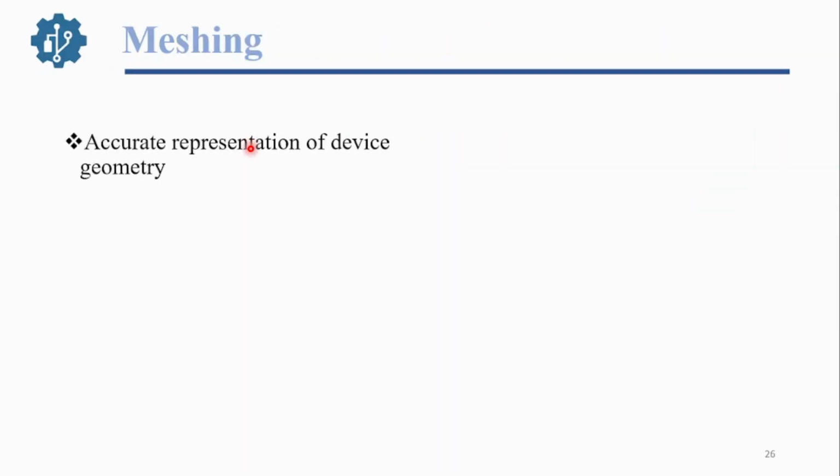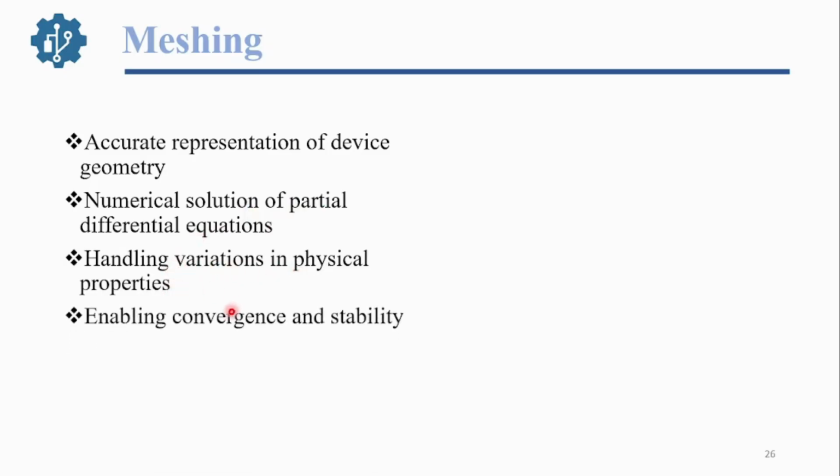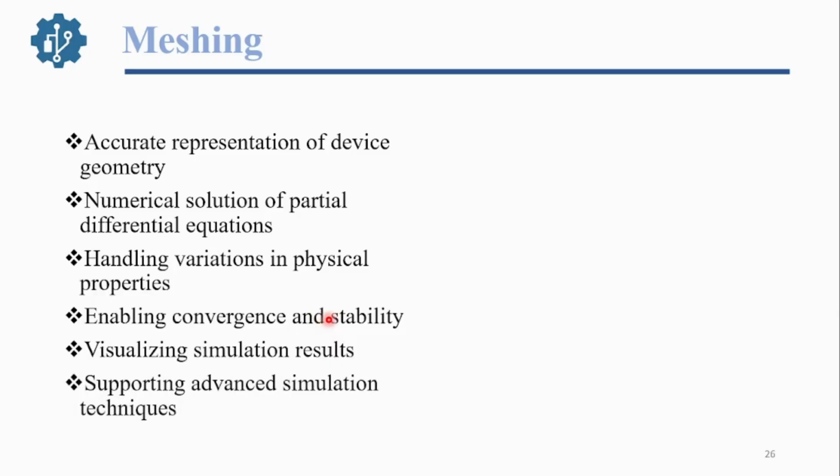Now, what is the importance of meshing and why do we need meshing in the TCAD tool? This gives an accurate representation of the device geometry, numerical solution of the partial differential equations, handling the various physical properties, enabling convergence and stability, visualization of the simulation results, and supporting advanced simulation techniques.